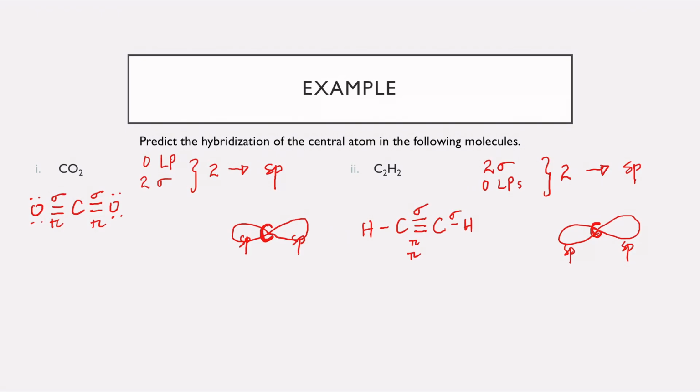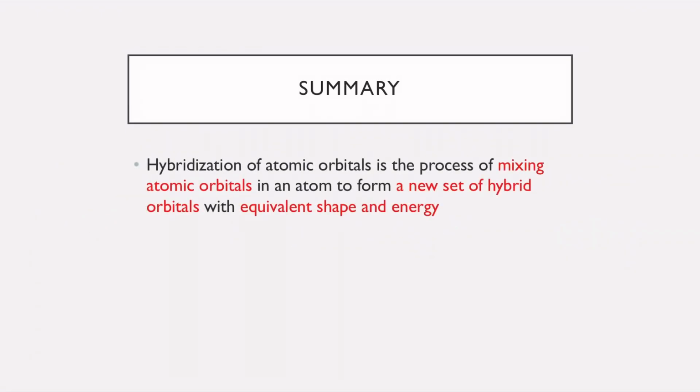So kita summarize now. The first one we covered is that hybridization of atomic orbitals is the process of mixing atomic orbitals in an atom to form a new set of hybrid orbitals with equivalent shape and energy. Next, we now know that we have 5 types of hybrid orbitals: sp, sp2, sp3, sp3d, and sp3d2.